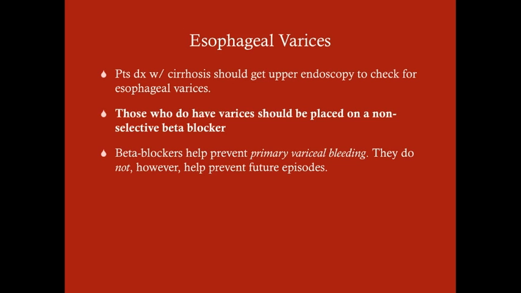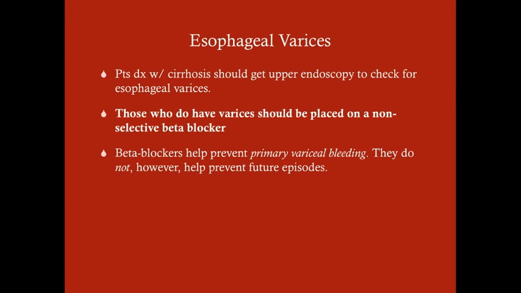The reason we want to do that is because if there are esophageal varices in the patient with cirrhosis or with any kind of liver disease, what we want to do is place them on a non-selective beta blocker, something like nadolol. And what that will do is reduce the likelihood of them developing variceal bleeding.